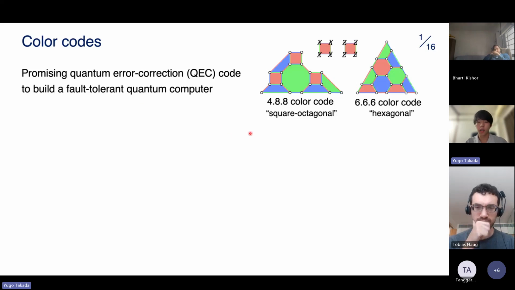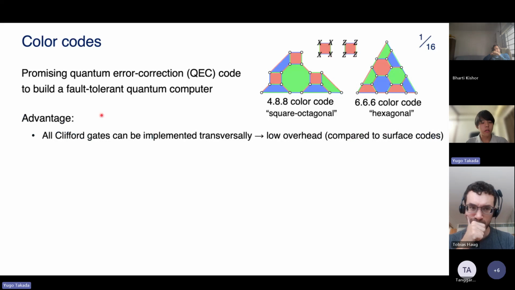There are two common types of two-dimensional color codes, 488, or square octagonal color code, and 666, or hexagonal color code. In a color code, qubits are placed on vertices, and the stabilizer operators are defined on each face, like X-type stabilizers, and these stabilizers are symmetrically defined on each face.